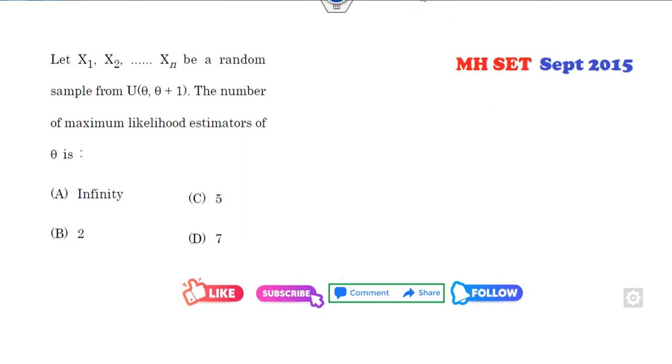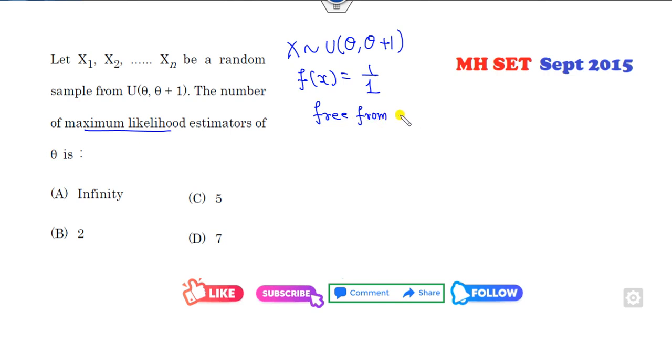Okay, next one is if x1, x2 and xn are random samples obtained from the uniform distribution of theta and theta plus 1, then the number of MLE estimators. Can you find the PDF of this? PDF is 1 over 1 and it is free from theta.